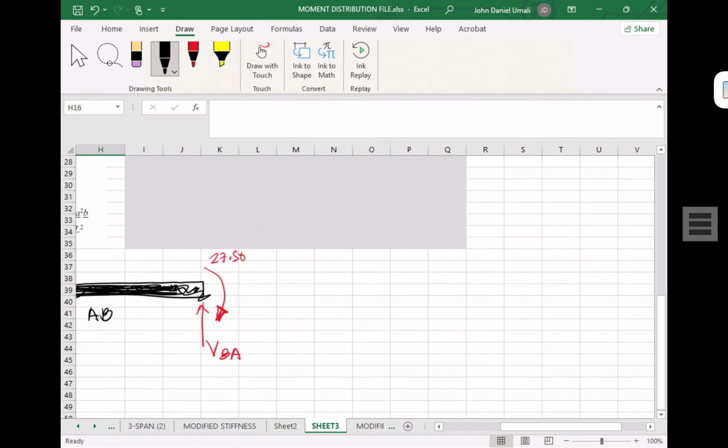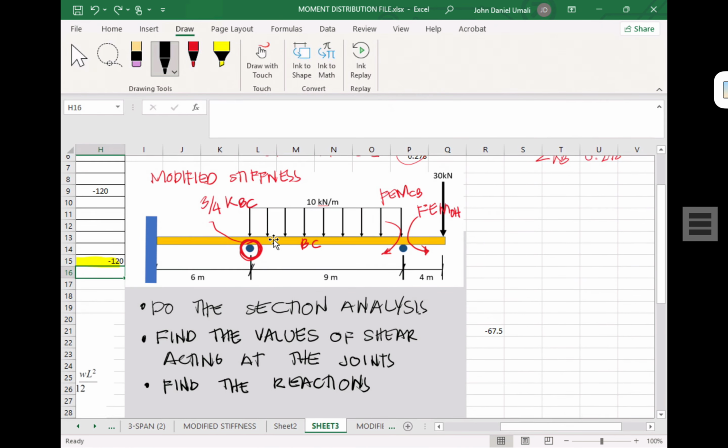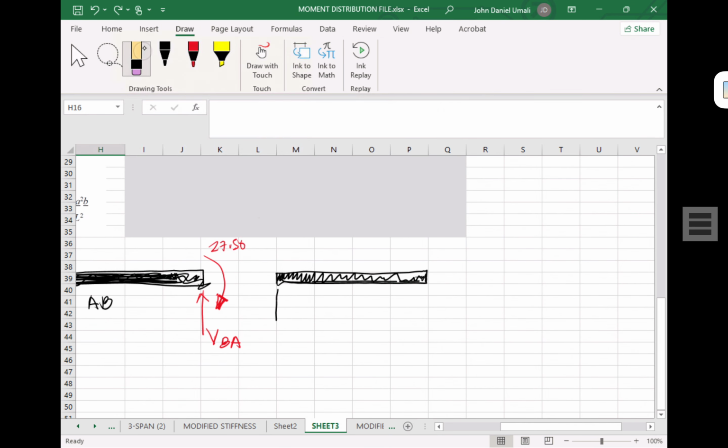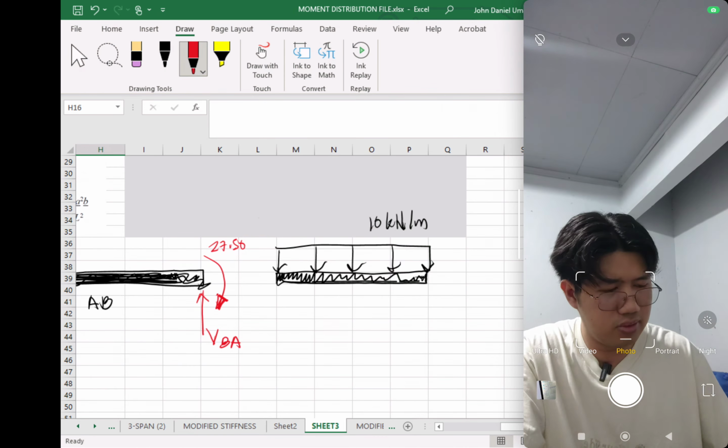Next, another section is BC. That is meron kang nag-act na load na 10 kN per meter.